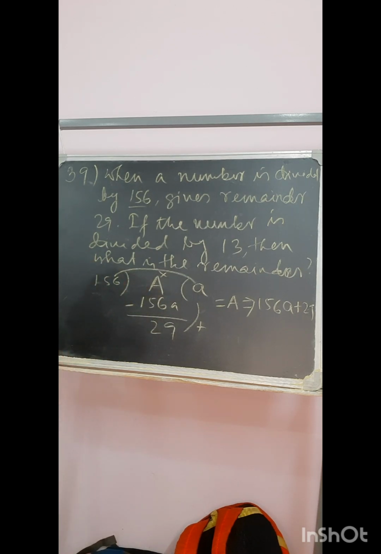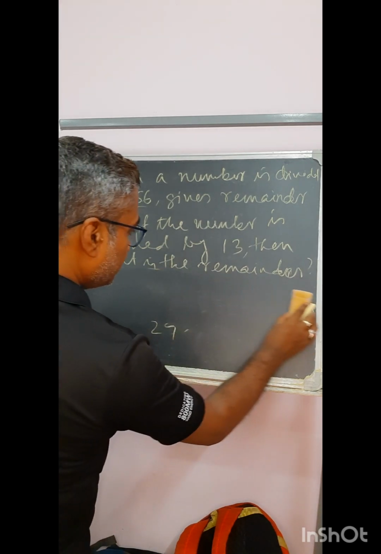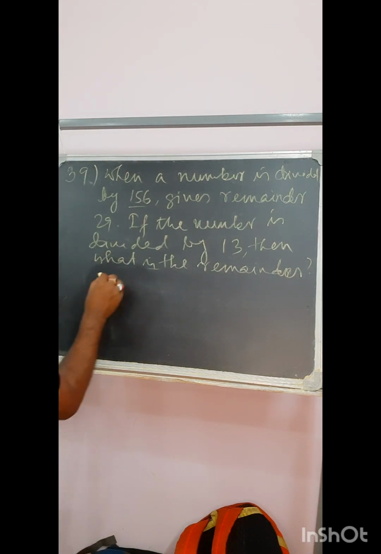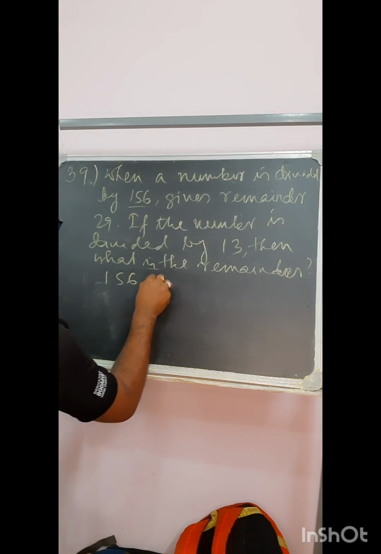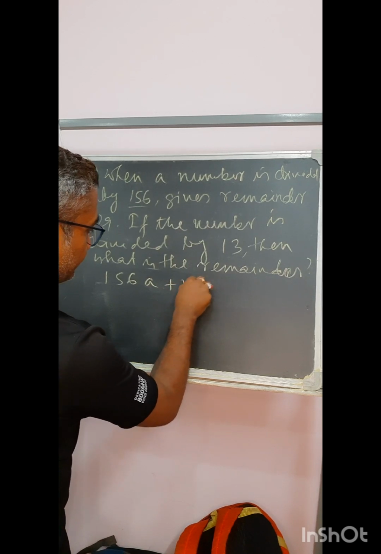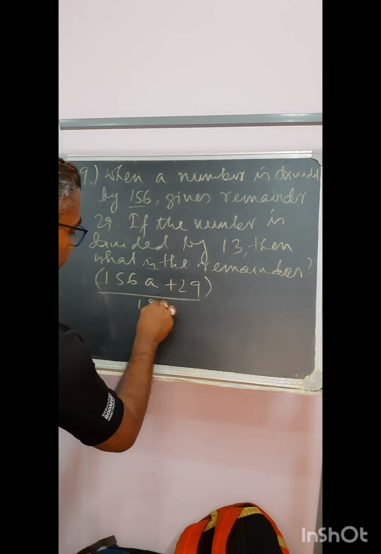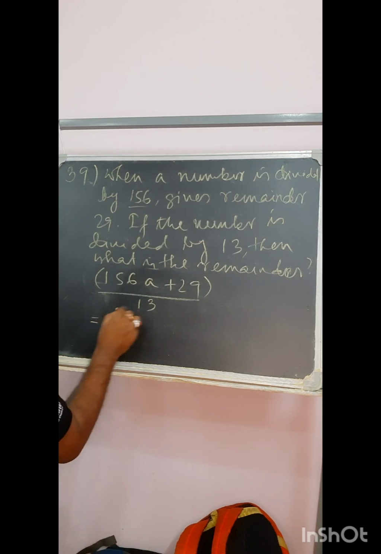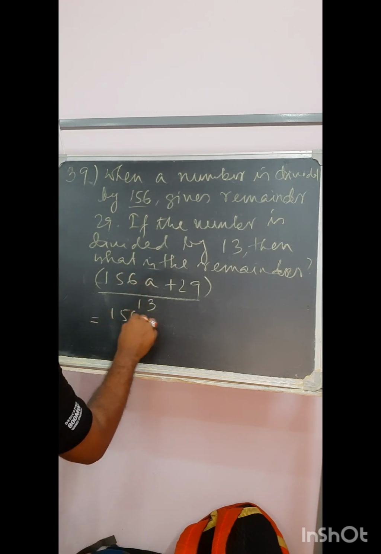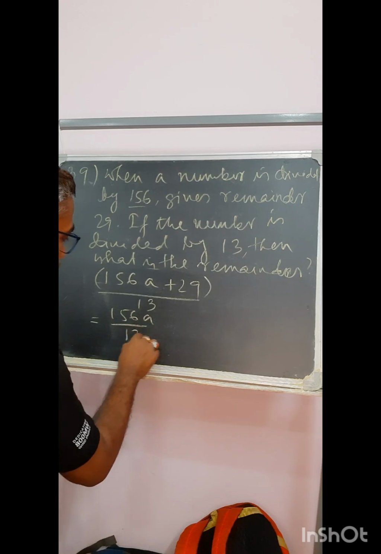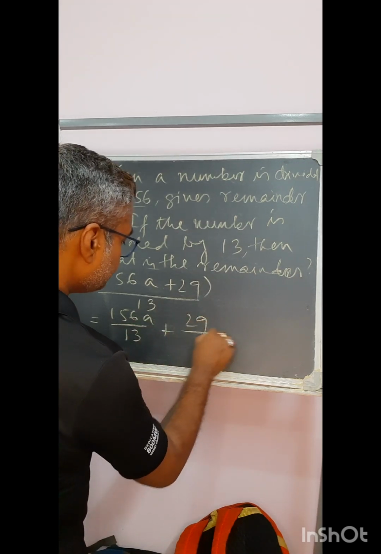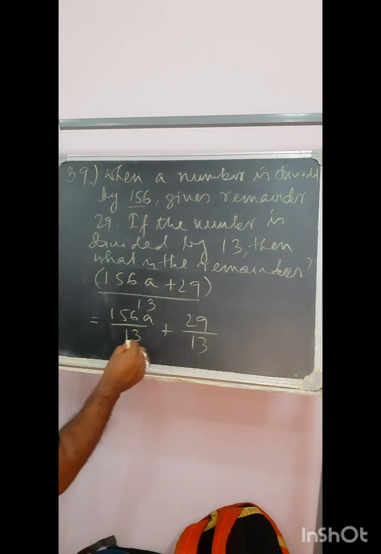Now the dividend I am getting is 156 into the quotient plus 29. Now my task is to divide this by 13 and find the remainder. So let's try. If I distribute the number in two parts, then what would be your answer?